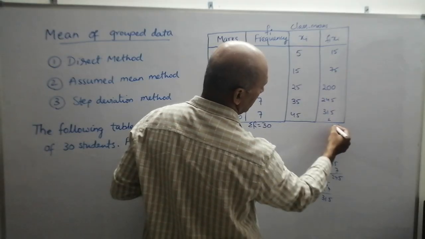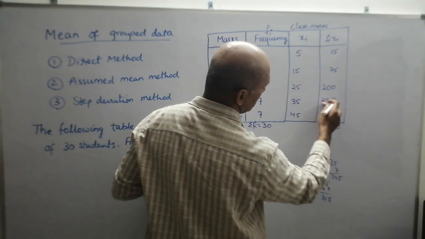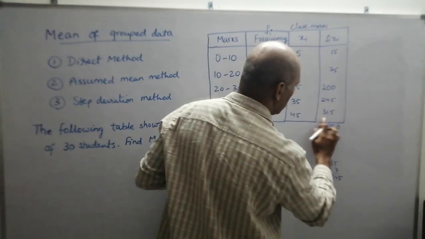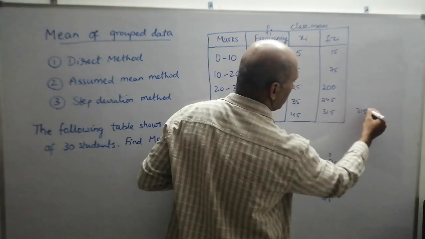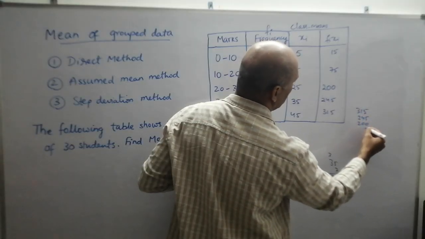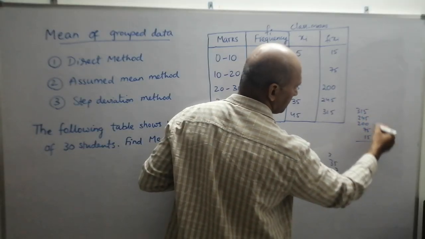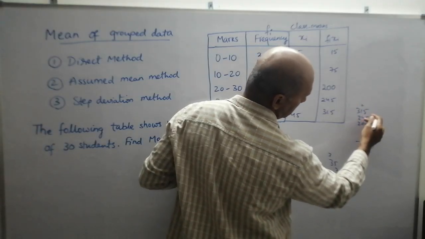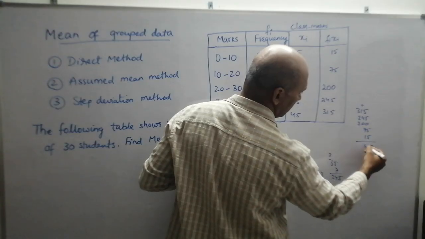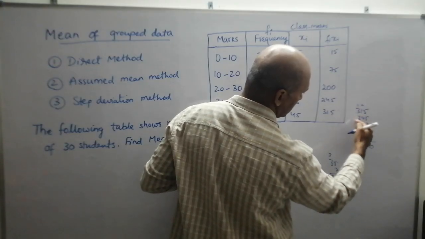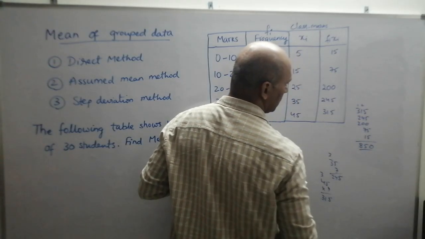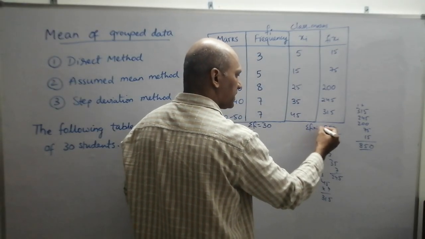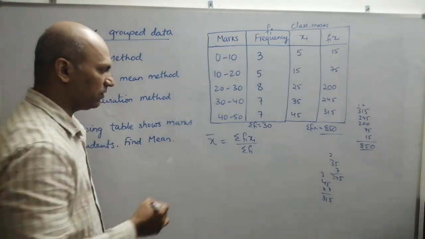So this is 315, 245, 200, 75 and 15. Adding these, this is 850. Sigma fi xi is 850.